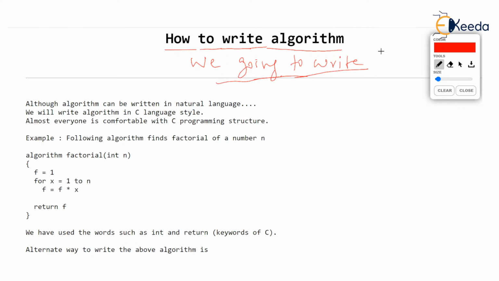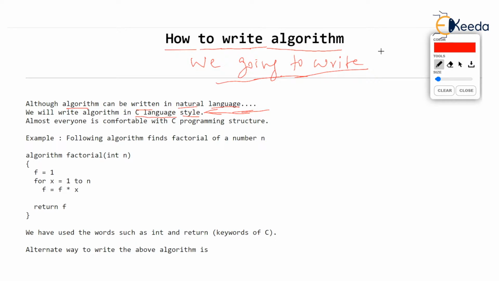So algorithms can always be written in natural language like English, but we are going to use C language for writing the algorithm, or most of our statements will be of C programming type.